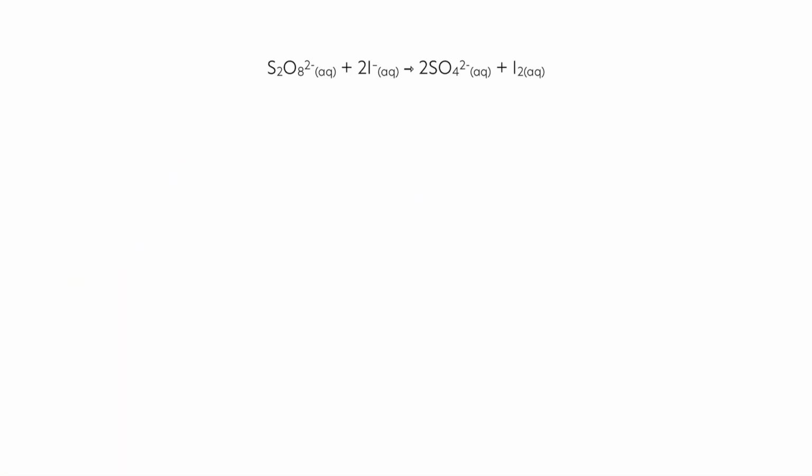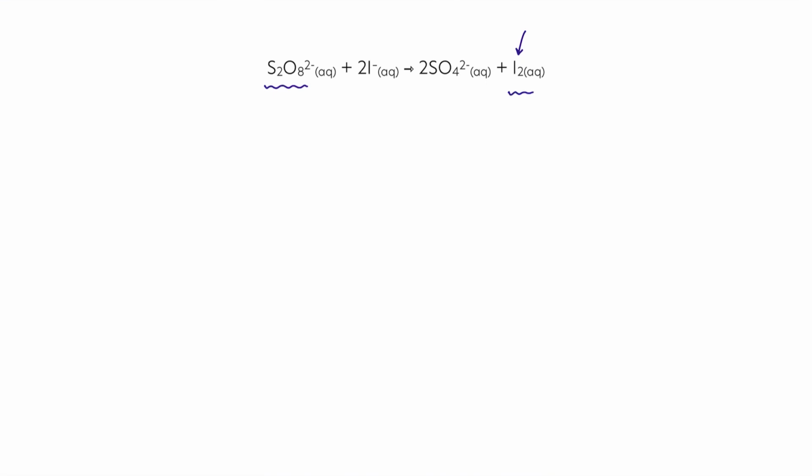Let's take a look at this reaction between peroxydisulfate ions and iodide ions. This is an example of an iodine clock reaction because, as you can see, the reaction produces iodine. Now, the easiest way to measure the rate of this reaction is by following the colour of the iodine as it's produced.